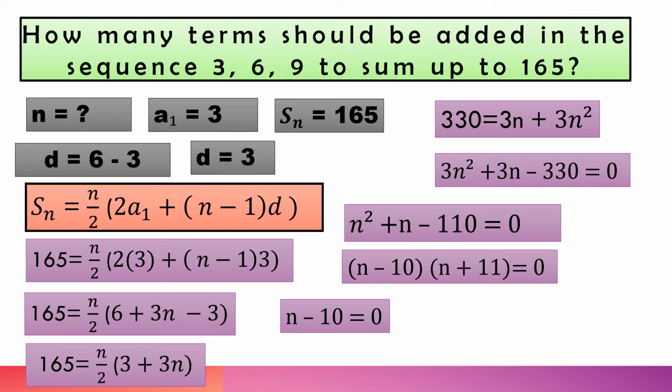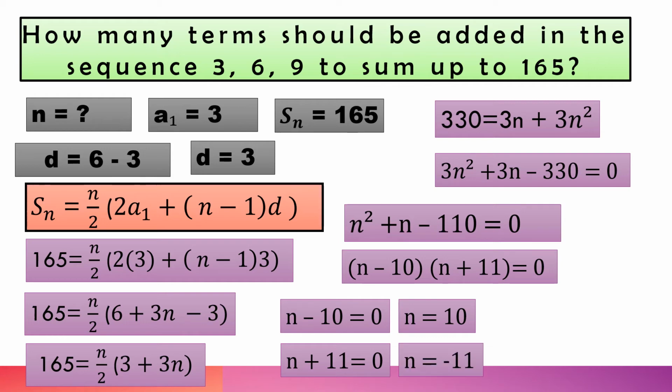Equate both factors to 0. That is equal to n minus 10 equals 0 and n plus 11 is equal to 0. Solving for the values of n, we will now have n is equal to 10 and n is equal to negative 11.